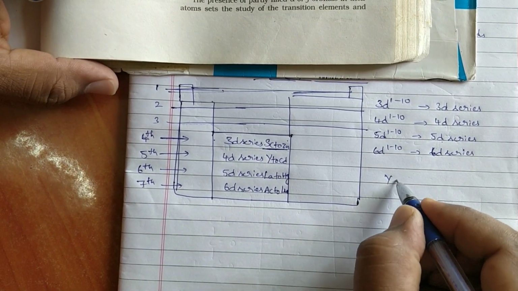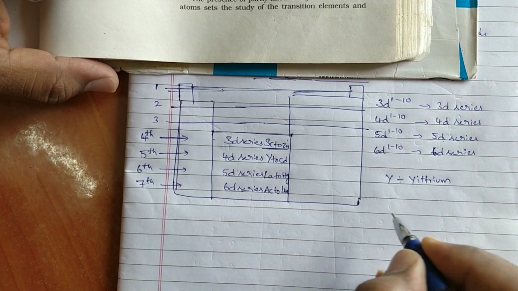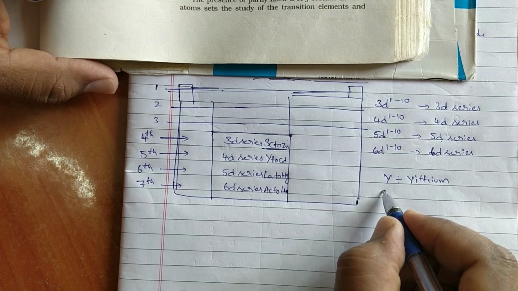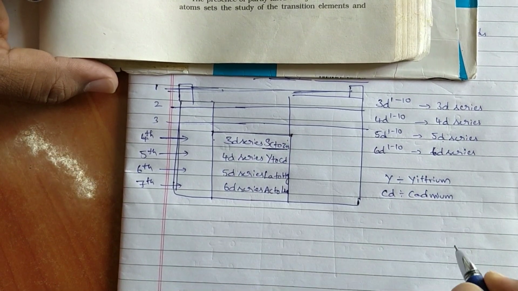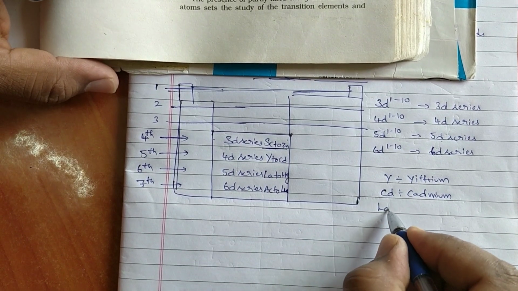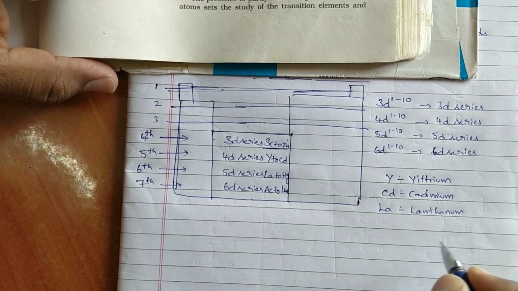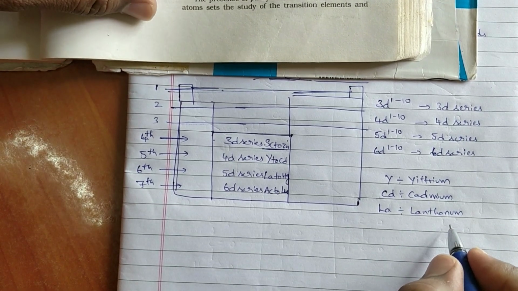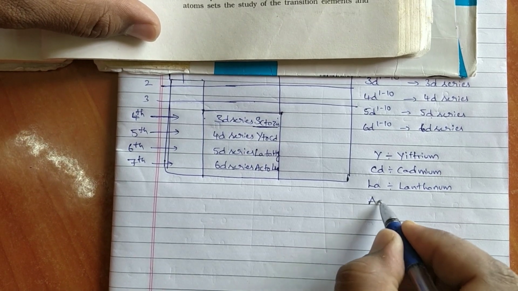Here Y is yttrium. Cd means cadmium. La is lanthanum. The elements following lanthanum are called lanthanoids. Next, Ac is actinium.